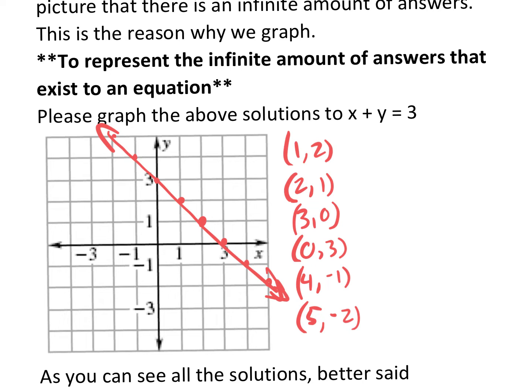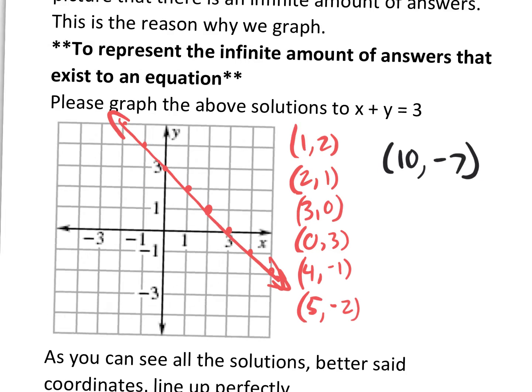For example, I know that x could be like 10 as long as my y is -7, right? 10 plus -7 is 3. So if I go out here to 10, then go down to -7, it will be perfectly on that line, okay? Because of the arrow, it does represent the infinite amount of answers that exist to that original equation.